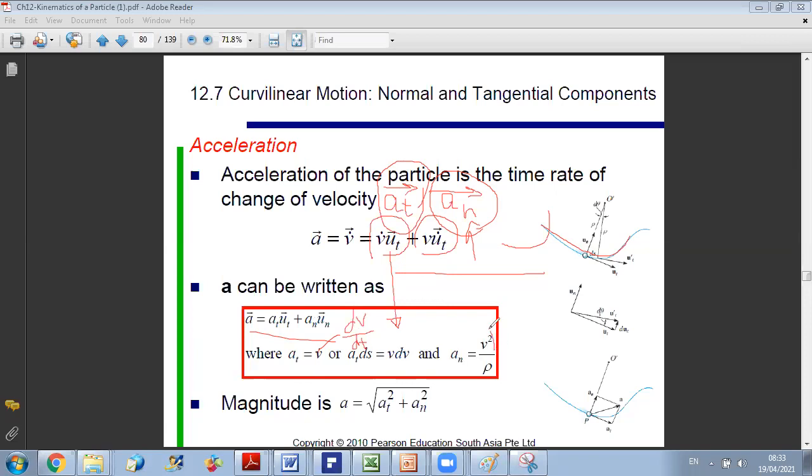And the normal acceleration is defined by v square over rho, where rho represents the radius of curvature, and v represents the velocity.